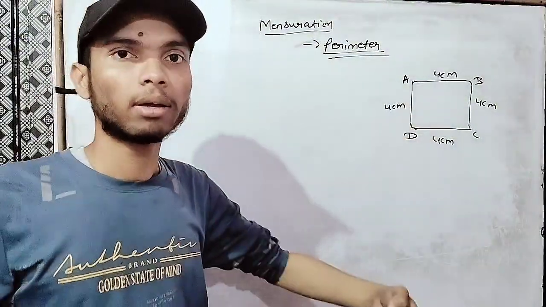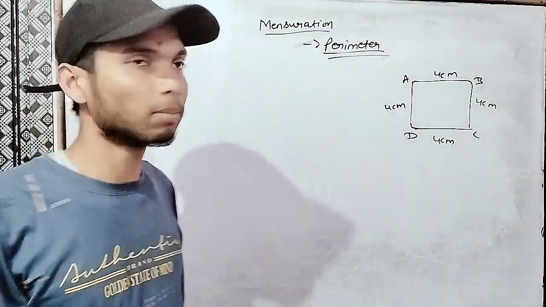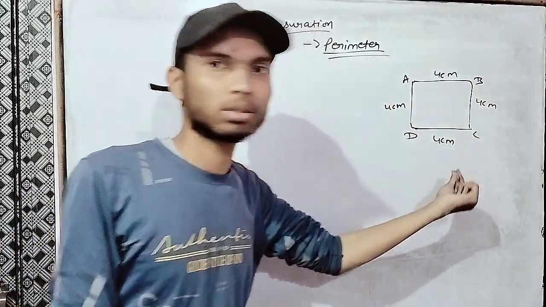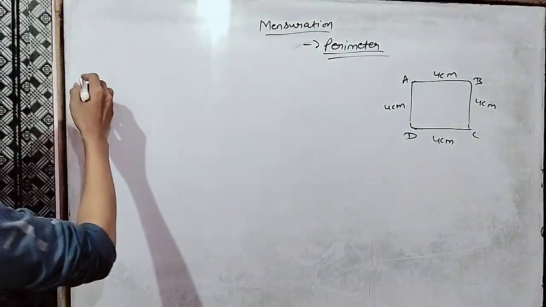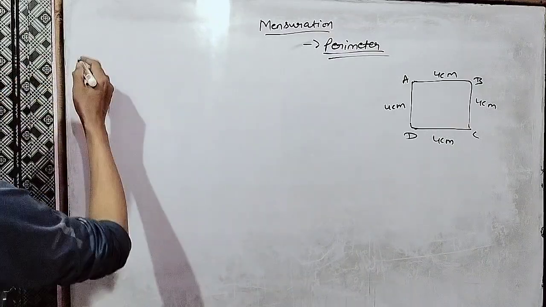Now we have to find out the perimeter of this square. All we need to do is write together the lengths of the sides that we have been given.